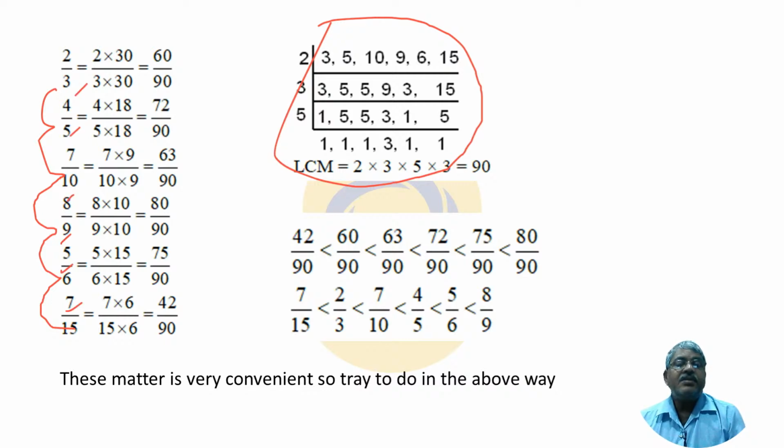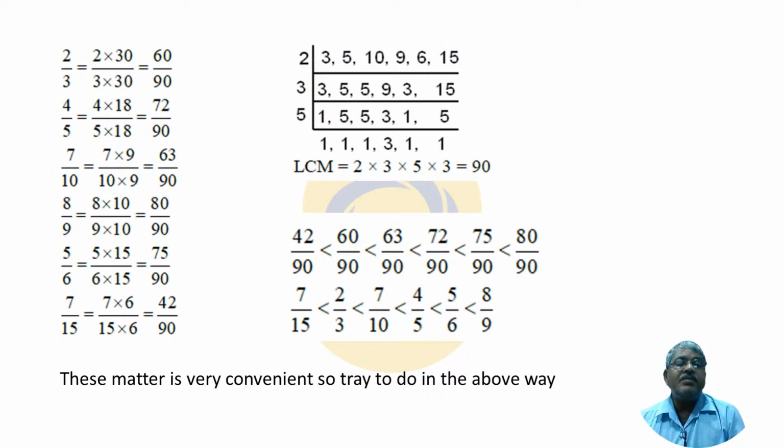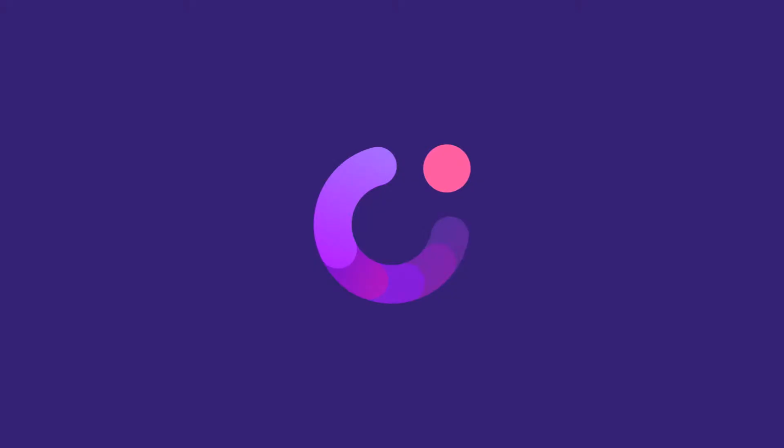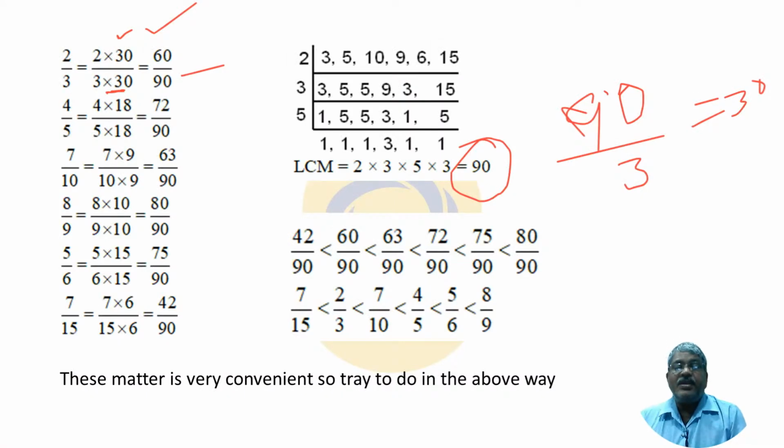When you take the LCM, it is 90. Now 3 into what is equal to 90? We take the denominator. 3 into 30, and 2 into 30 is equal to 60. Clear? 5 into 18, 4 into 18.